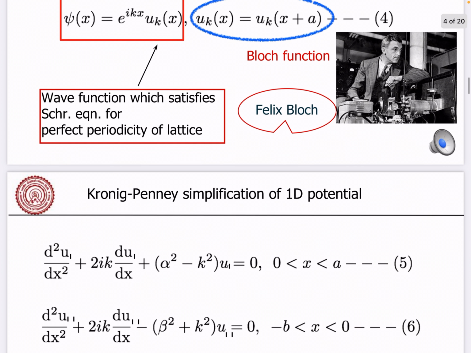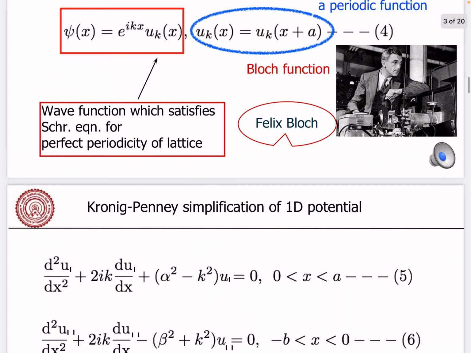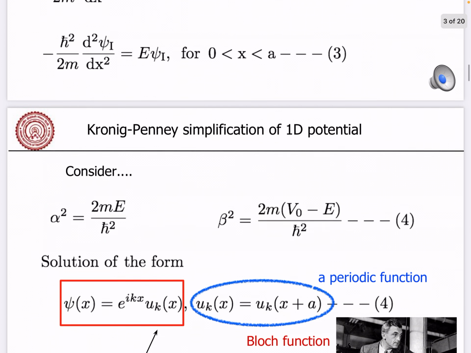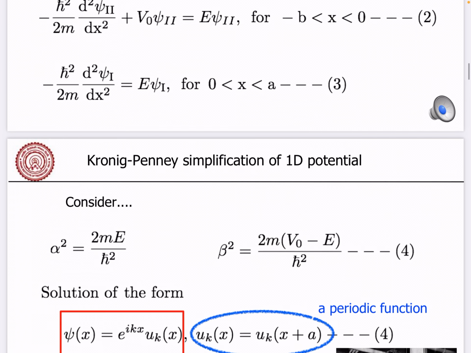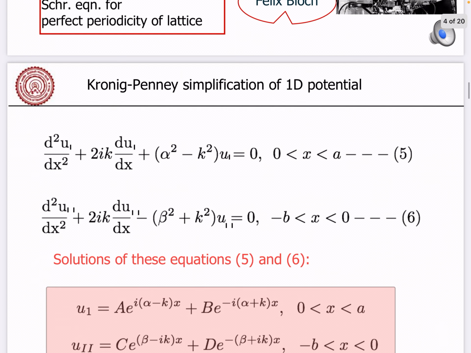Now with the Bloch function, you put it in equations 2 and 3, and you get these two equations in terms of u1 and u2.